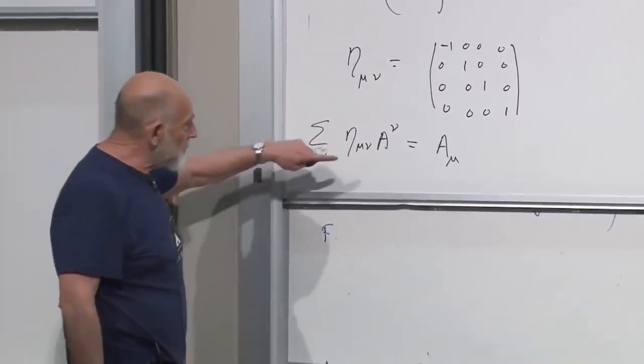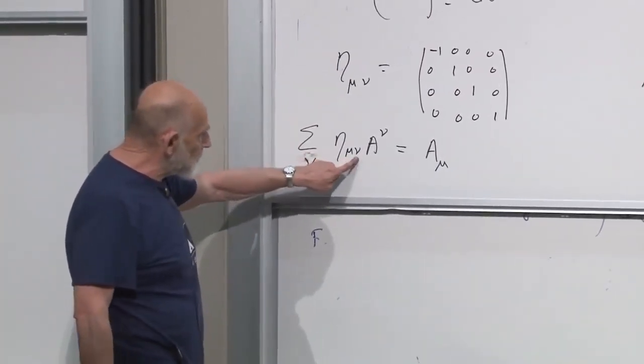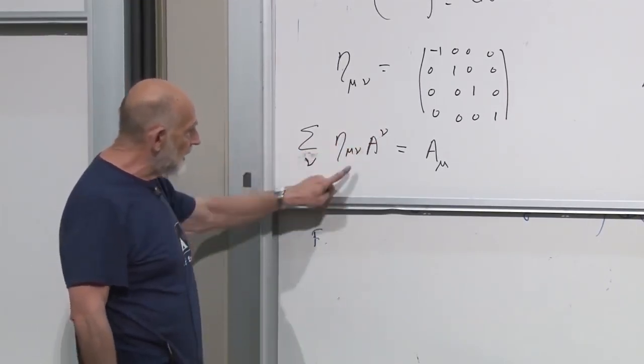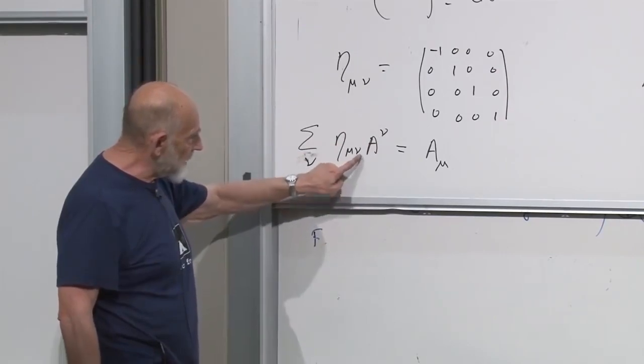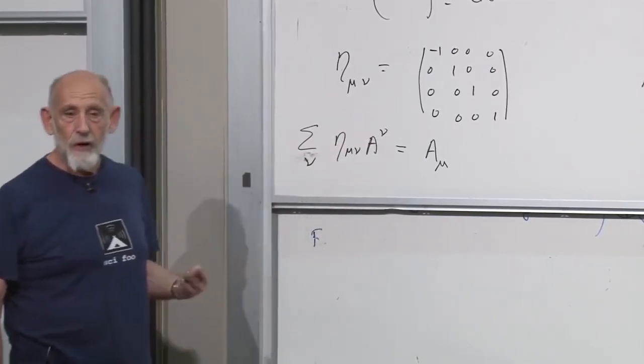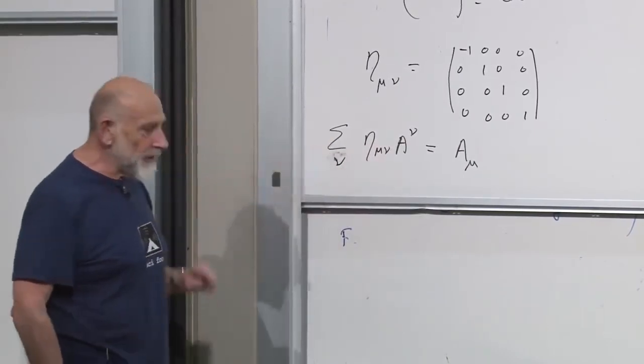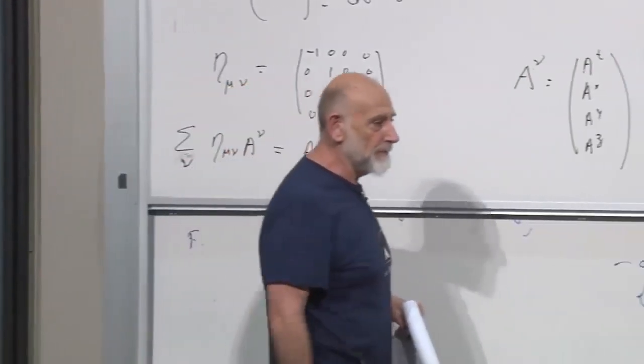The Einstein summation convention says whenever you see a downstairs index and an upstairs index the same, in this case nu, it's automatically the rule that you sum over it. You don't need to write summation every time.